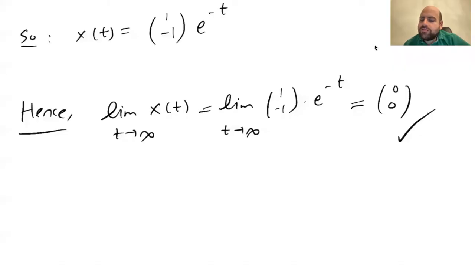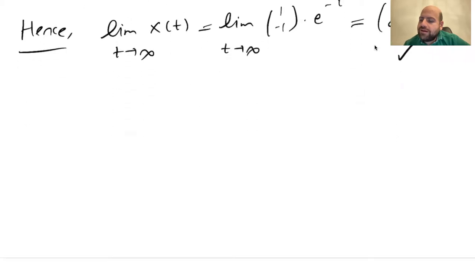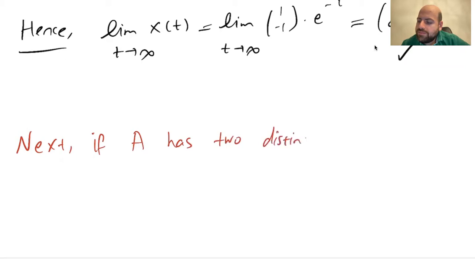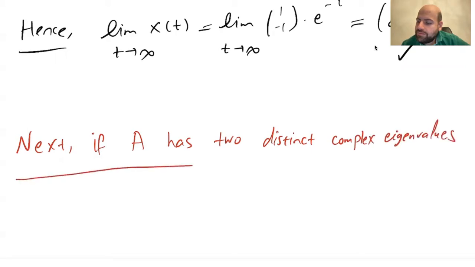All right, now let's move on to the next case where the matrix A has two distinct complex eigenvalues.